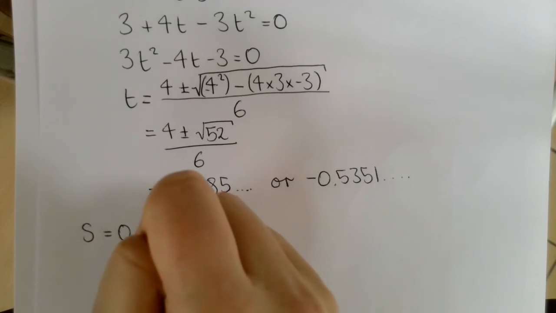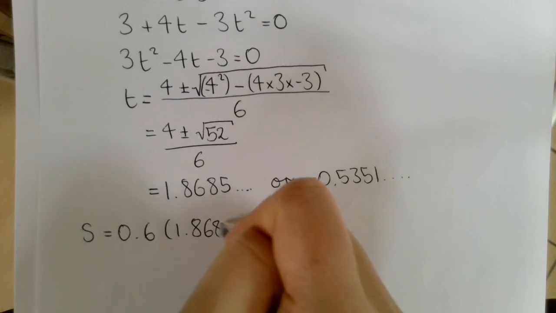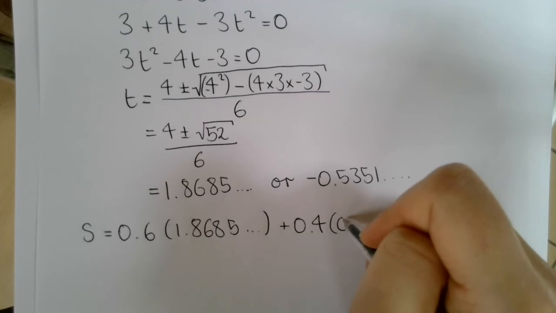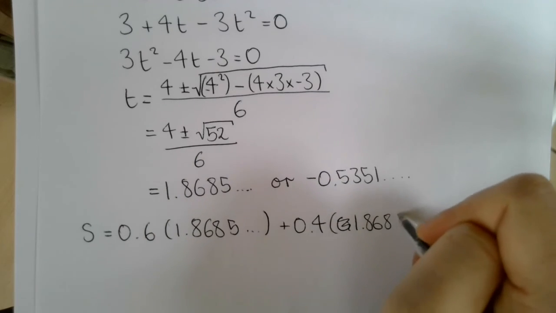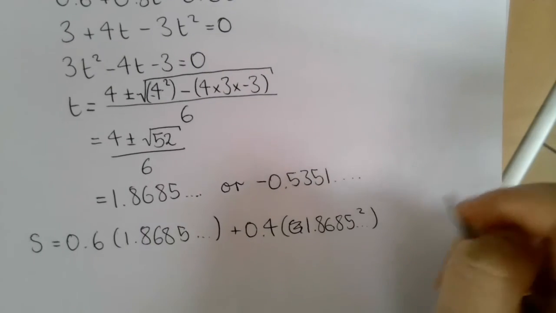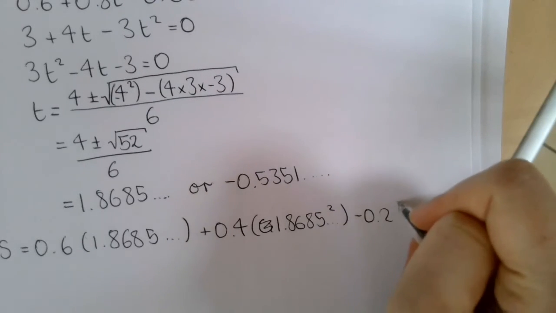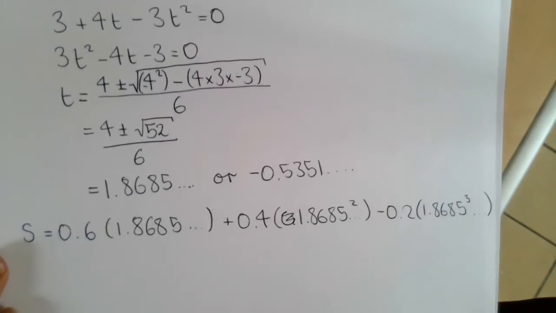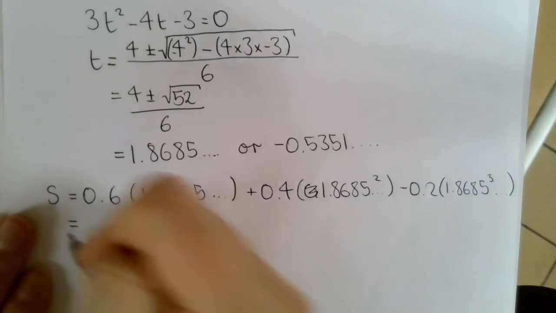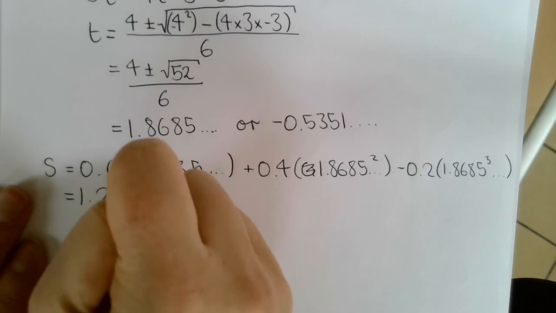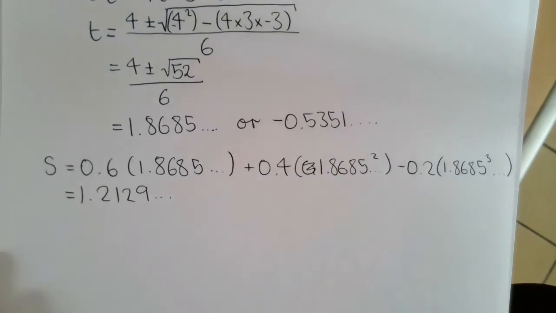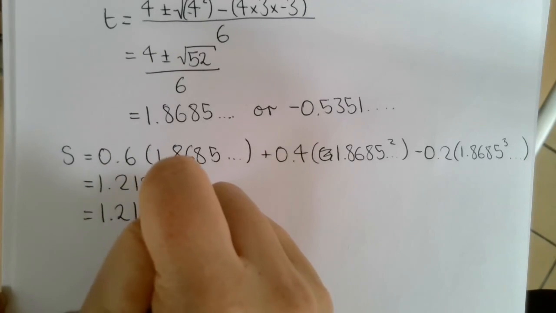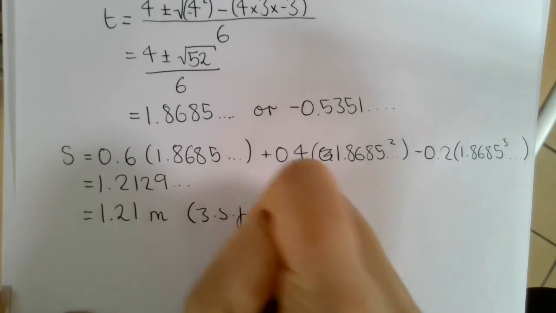So we've got 0.6 times t plus 0.4 times t squared subtract 0.2 times t cubed. And when we put this in our calculator, we get 1.2129 and so on. The question has asked for it in 3 significant figures. So we get 1.21 metres to 3 significant figures.